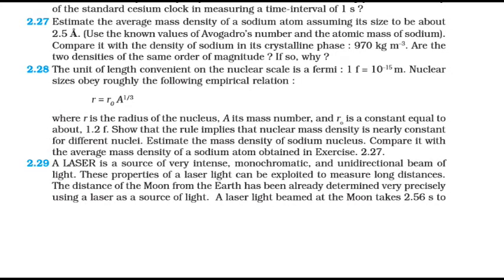a laser is a source of very intense monochromatic and unidirectional beam of light. These properties of a laser light can be exploited to measure long distance. The distance of the moon from Earth has been already determined very precisely, using a laser as a source of light.